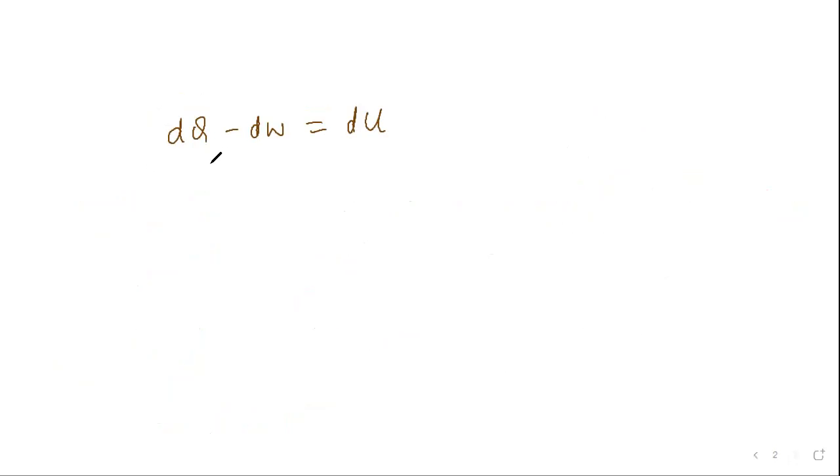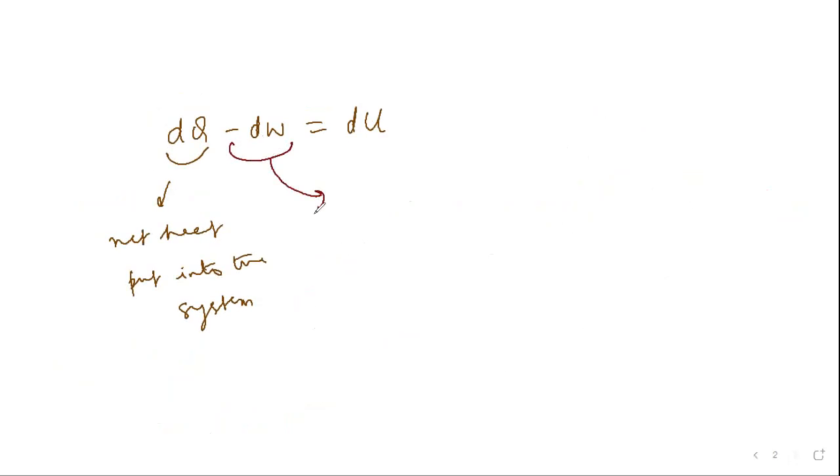What is the interpretation now? It is net heat put into the system, right? Now, according to the sign convention, this minus dw is what? It is work done on the system, not by the system, on the system by the surroundings. And what is du?